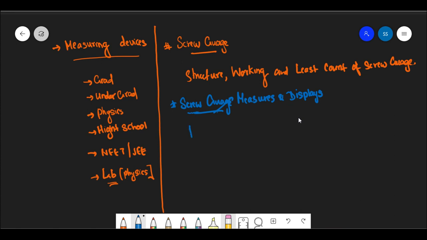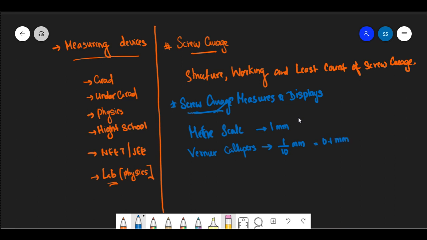So imagine you have a meter scale, right? In a meter scale, by your naked eyes, you could see only 1 mm. If you use a device called a vernier caliper, what you can measure is 1 by 10th of a mm, or decimally 0.1 mm.